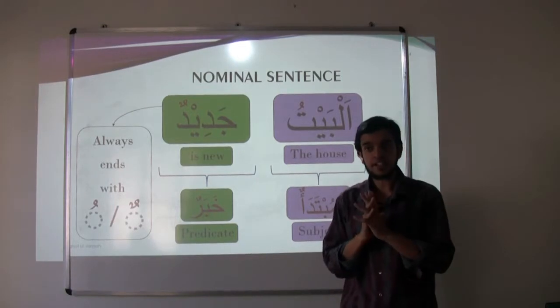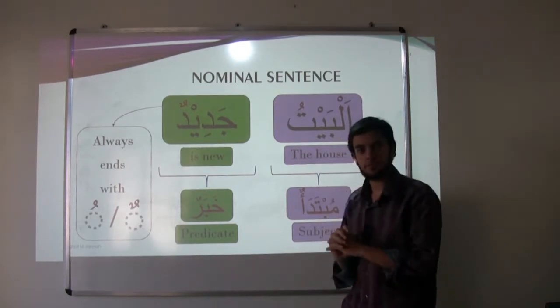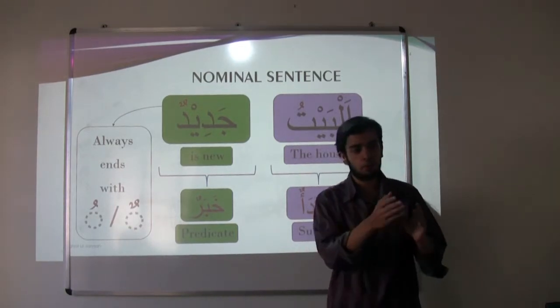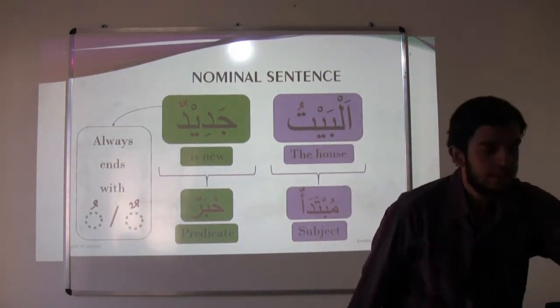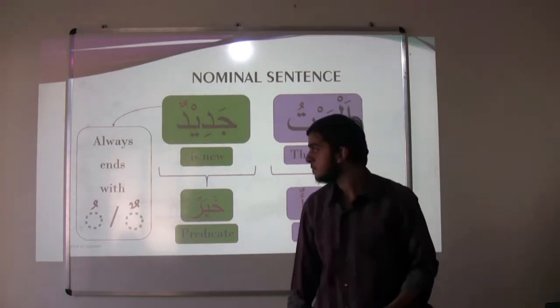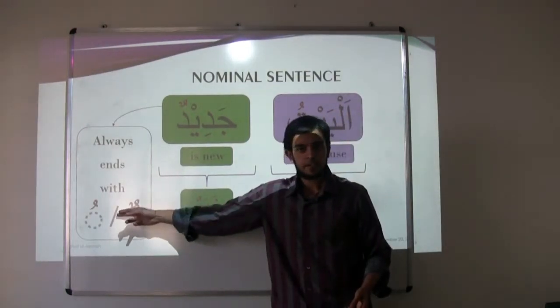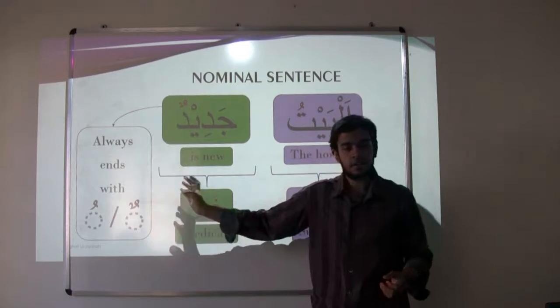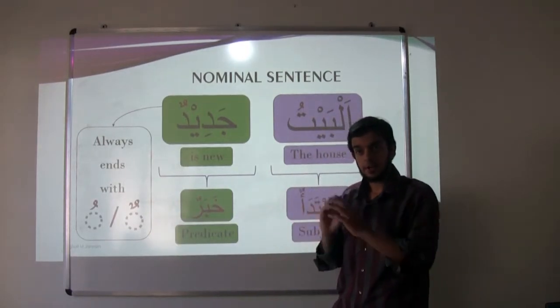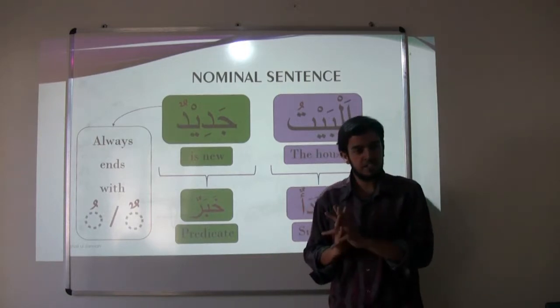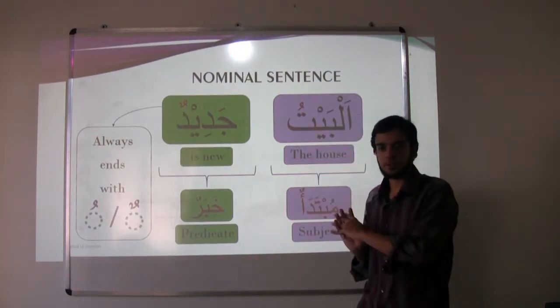Okay, something else that I had not mentioned last time, which you need to pay attention to and probably need to note down: this particular rule refers only to singular nouns. Till now we are dealing only with singular nouns, not with plurals or duals.